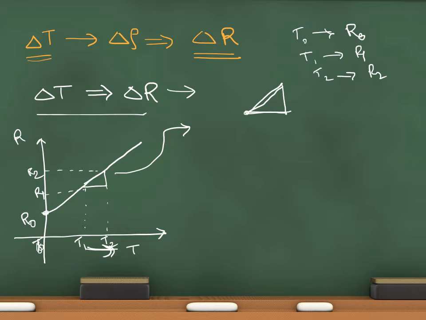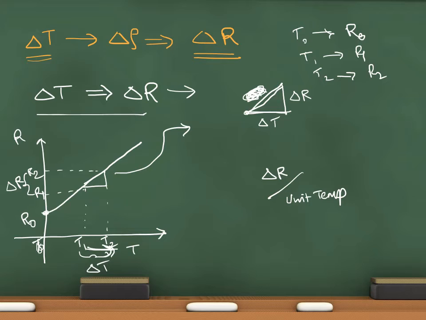And what is this change in resistance? That means change in resistance due to change in temperature. This will be the change in resistance delta R, and this will be the change in temperature delta T. So how much change is there, delta R per unit temperature?